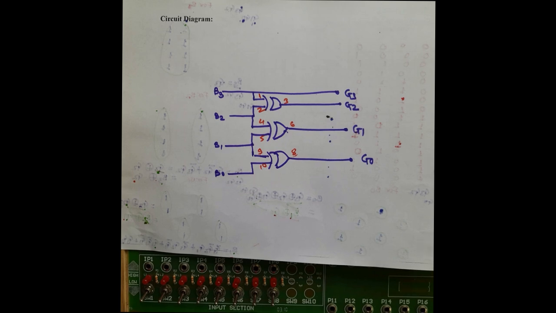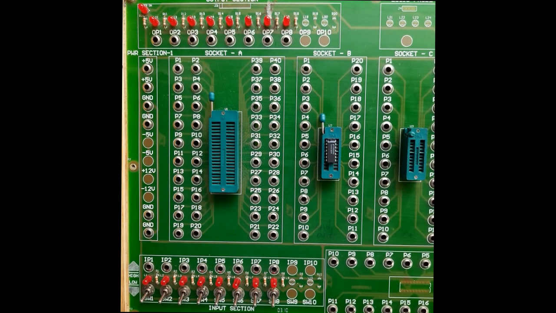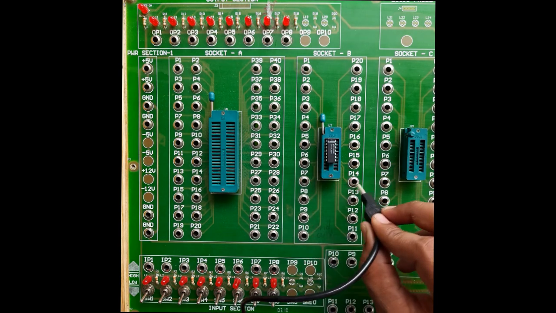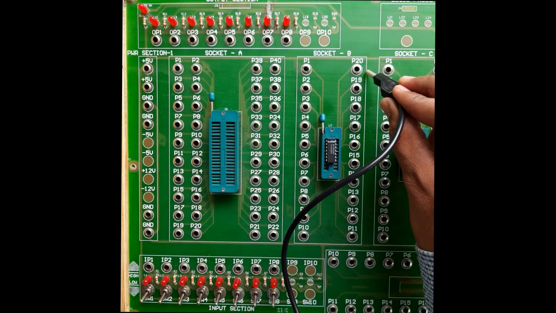Now here I have mounted the 7486 IC. First thing is you have to connect the VCC and ground for this IC. This IC has 14 pins, 7 pins on the left side and 7 pins on the right side.